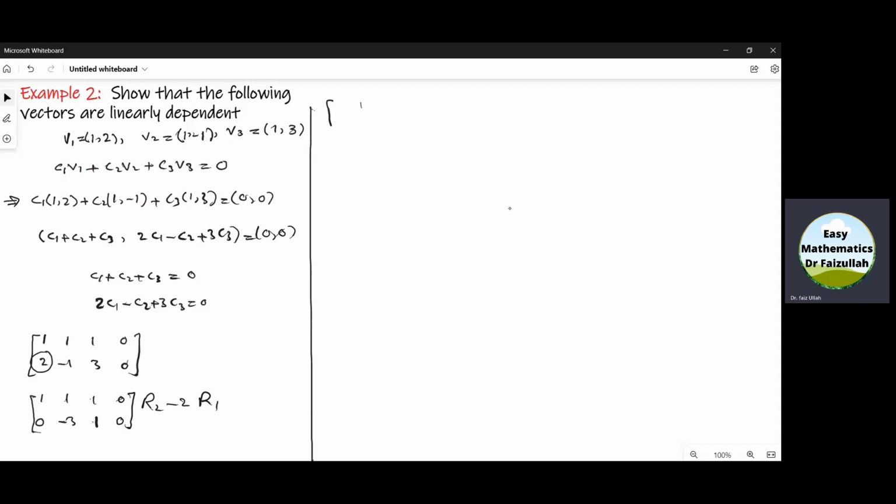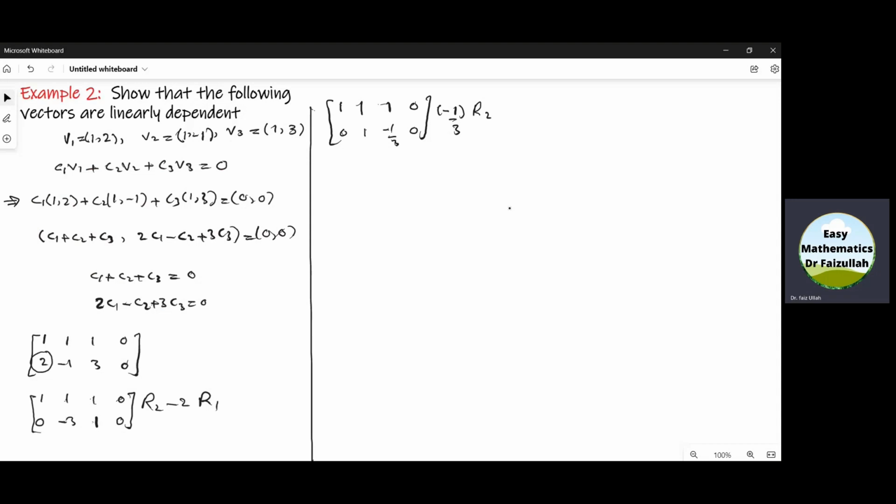So let us apply another row operation. We write 1, 1, 1, 0. And then we multiply row number 2 with minus 1 over 3. So we have 0, 1, minus 1 over 3 and 0.